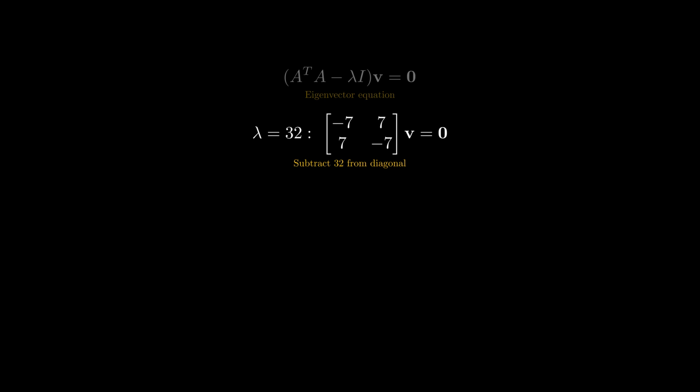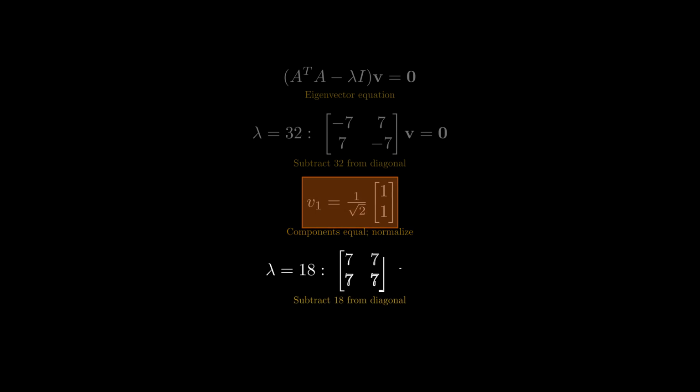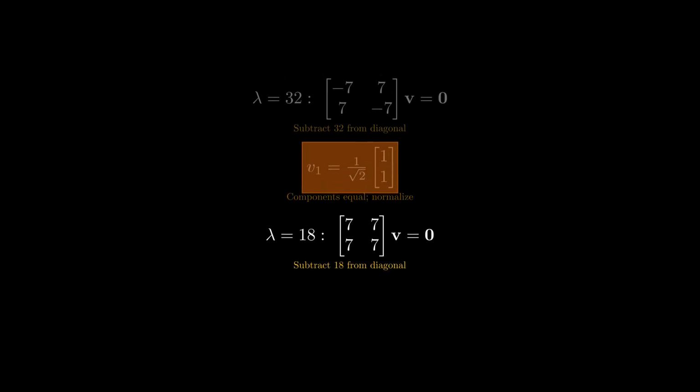This tells us the two components are equal. Normalizing, v1 equals 1 over the square root of 2 times the vector 1, 1. For lambda equals 18, subtracting 18 from the diagonal gives rows 7, 7, and 7, 7, which forces the components to be opposite. So v2 equals 1 over the square root of 2 times the vector 1, minus 1.